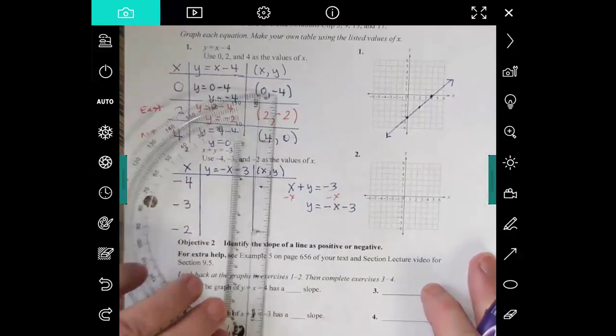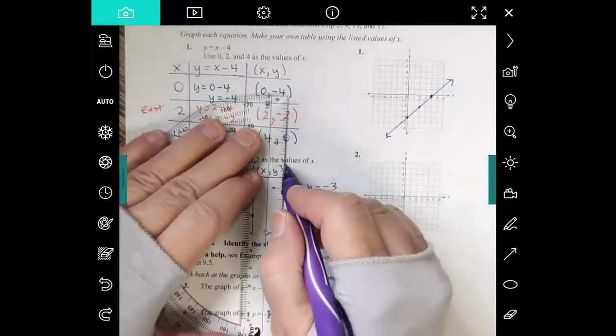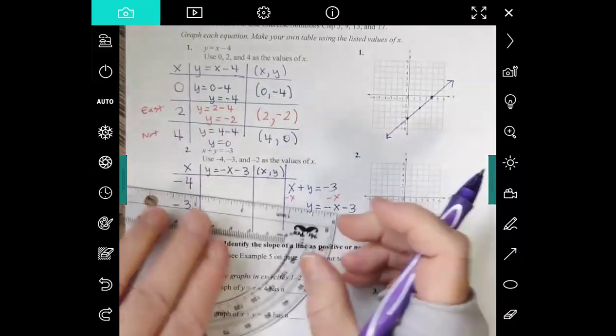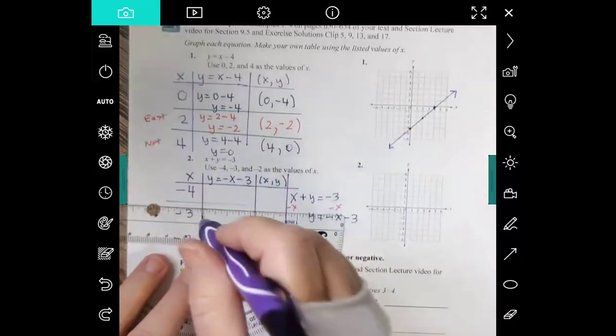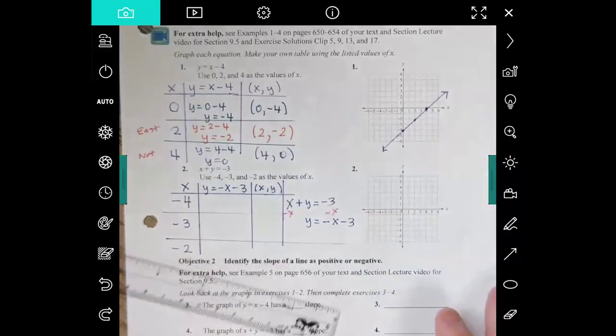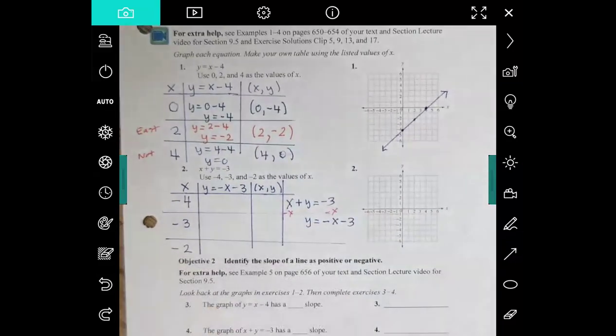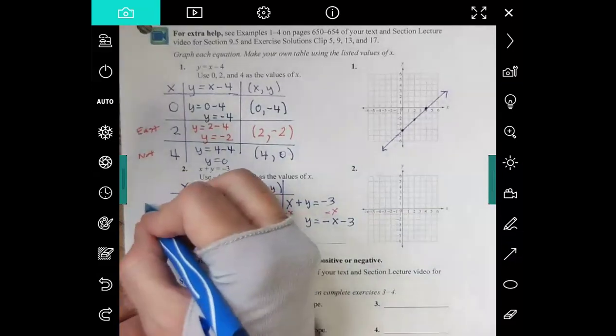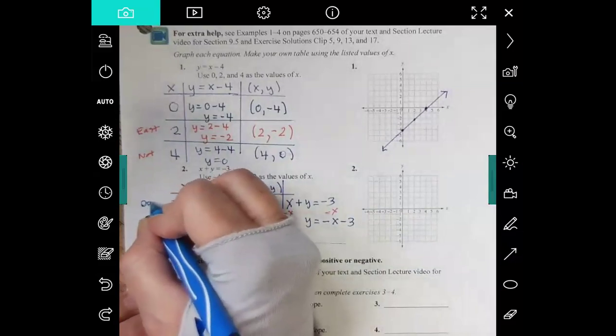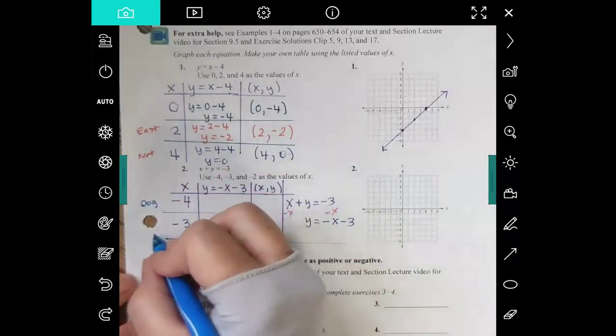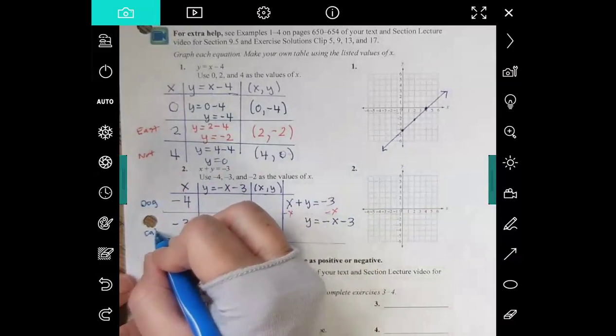Excuse me. Okay. Let's draw my lines across. Okay, here we go. If you have a dog that's a pet, do this one. If you have a cat that's a pet, do this one.